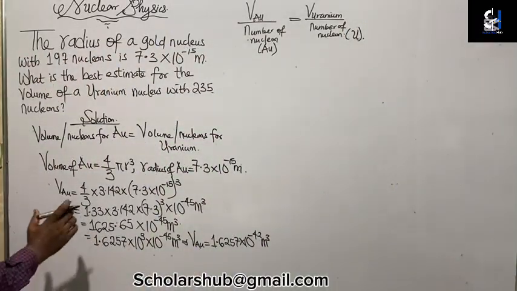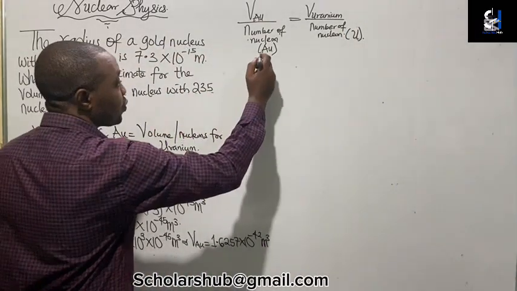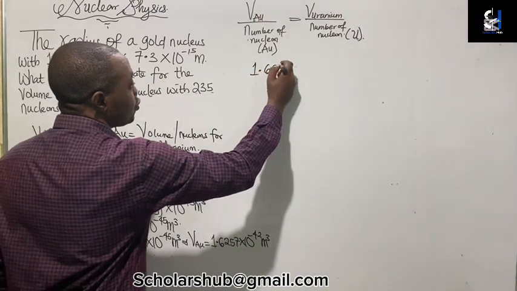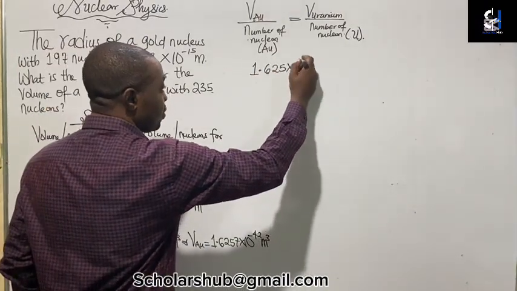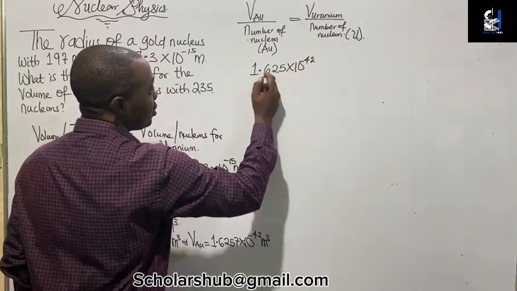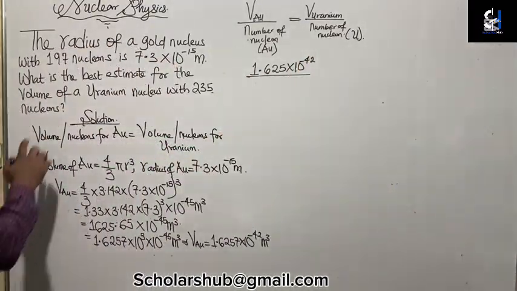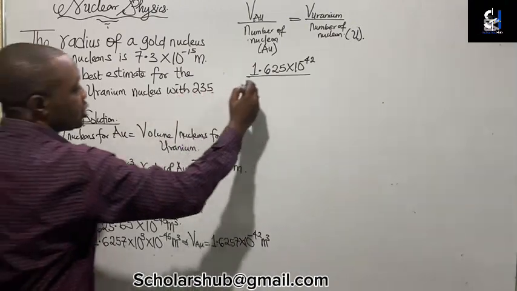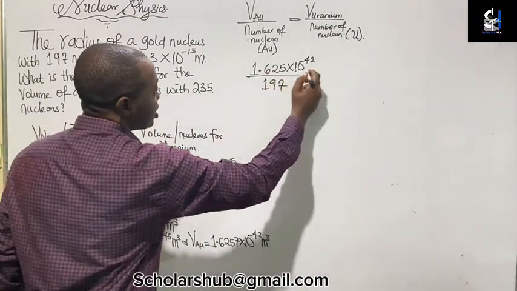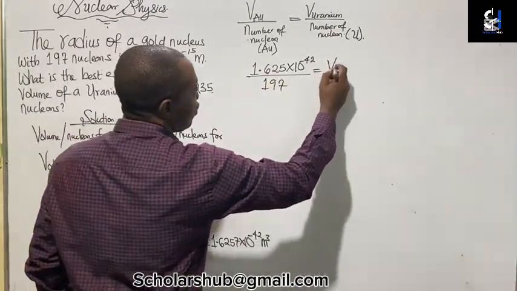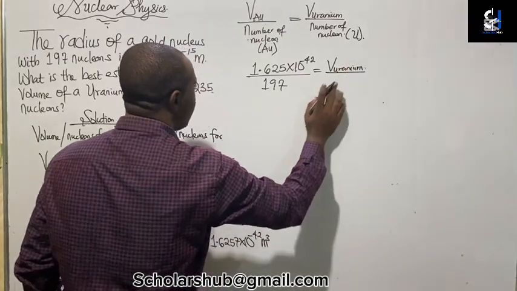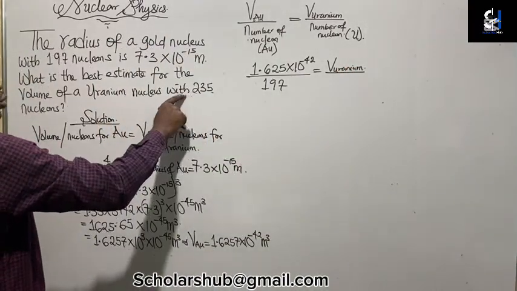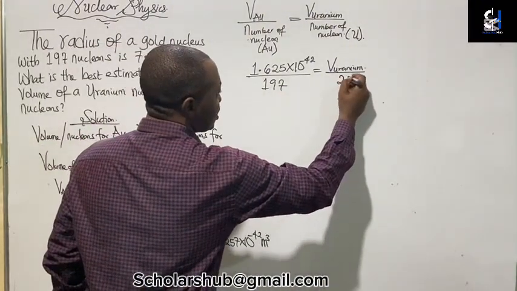We have the volume of gold to be 1.625 times 10 raised to the power of negative 42, all over the nucleon number for gold, which is 197. This equals the volume of uranium over the number of nucleons, which is 235.